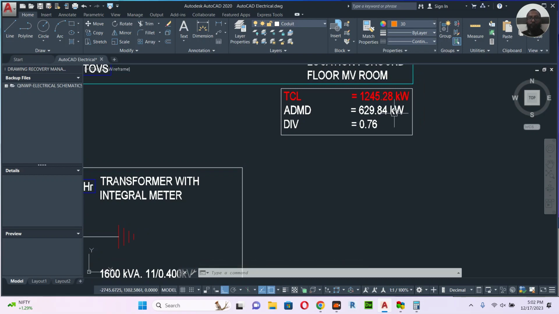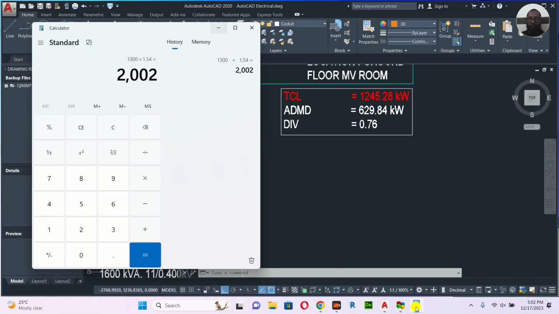Okay. So what we will do, if I have 2000 ampere, I have to add some extra 30%. So let's go to the calculator. If you have 100, 30% means 130.